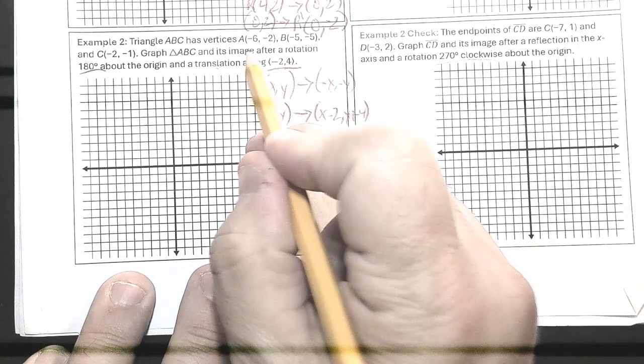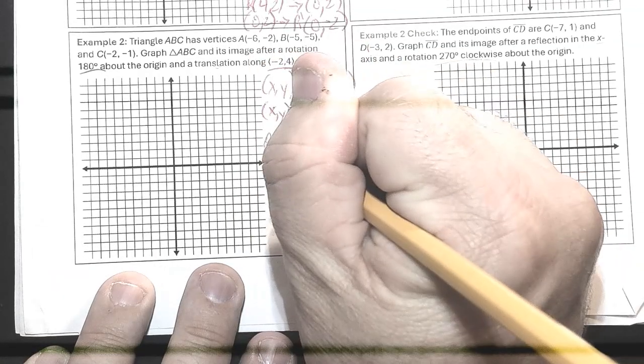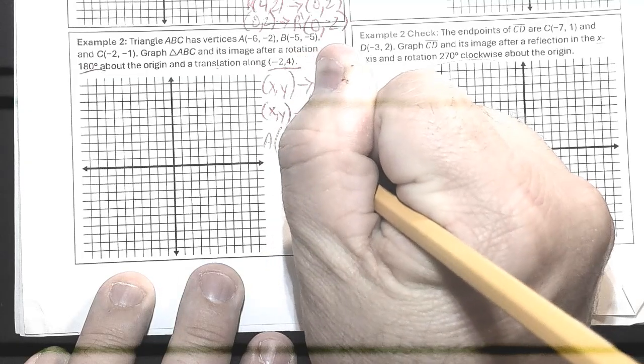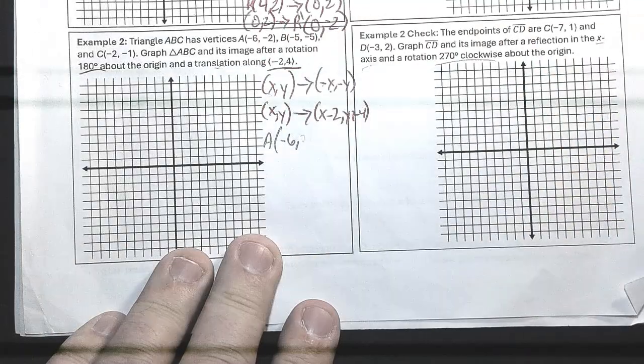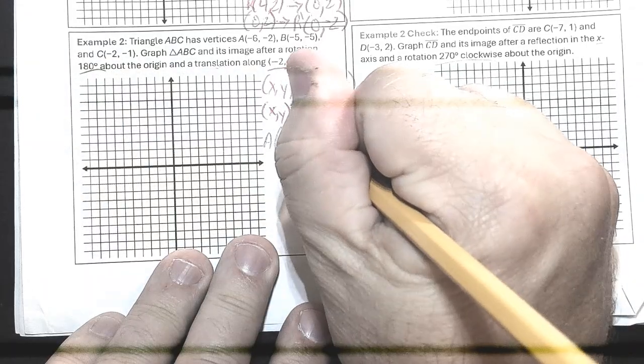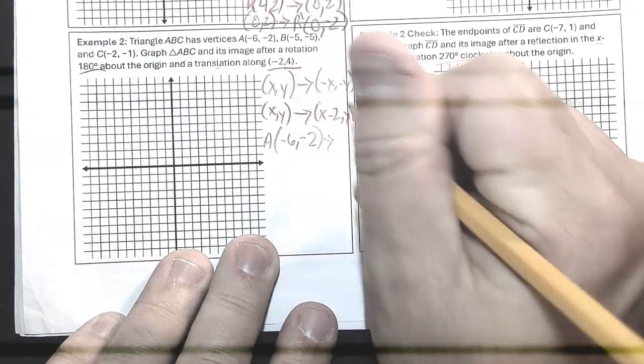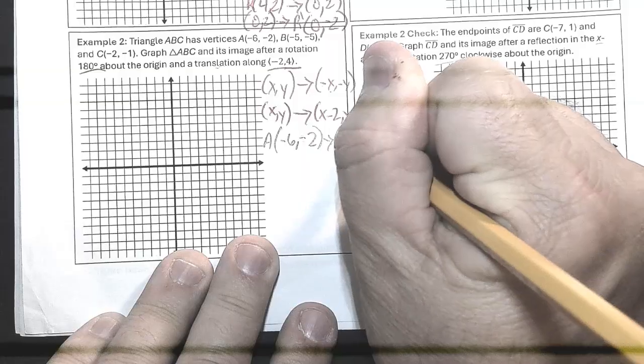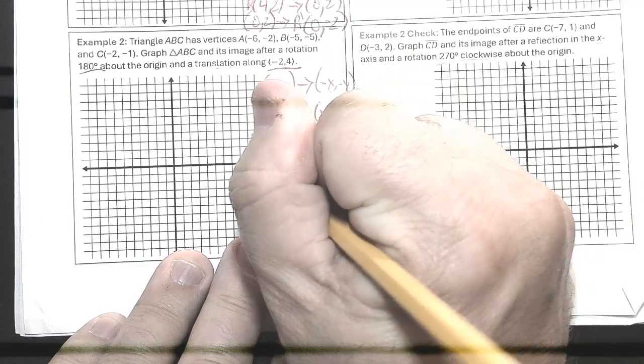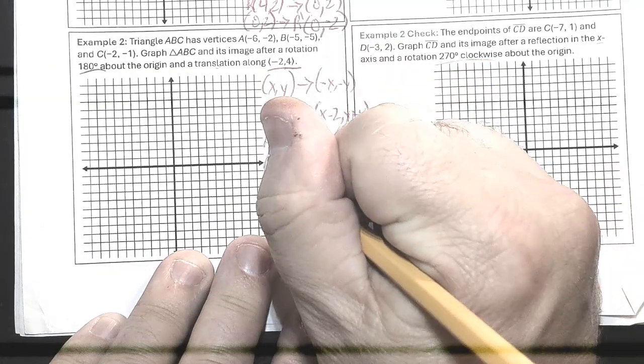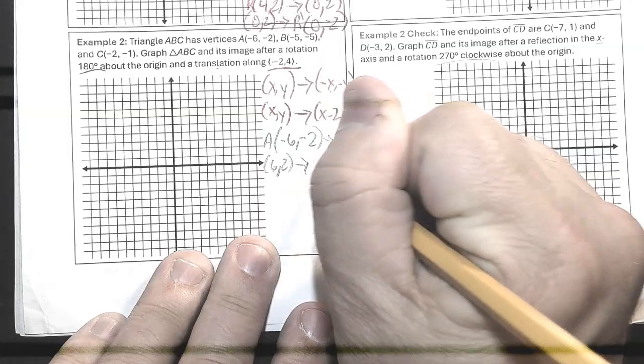All right, so let's start with point A. A is -6, comma, and see, it's really easy to jump the gun. -6, -2 becomes +6, +2. Oops. And now we're going to subtract.